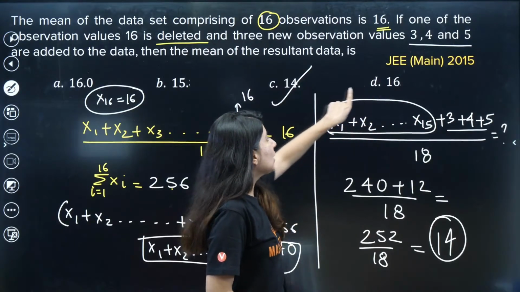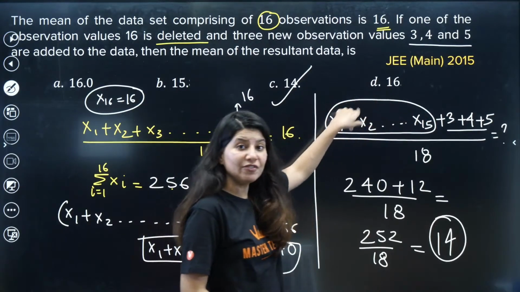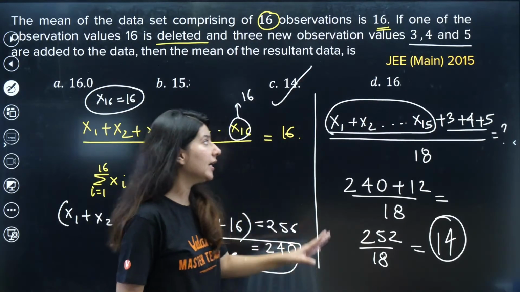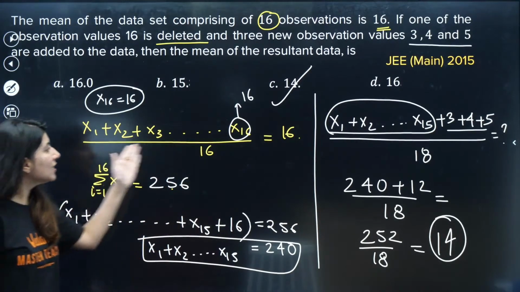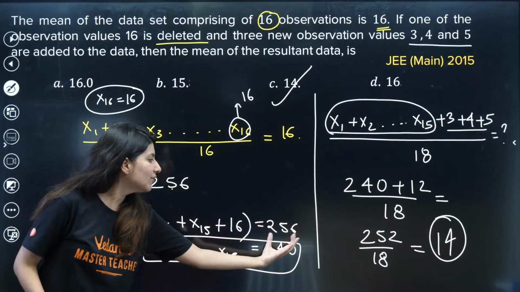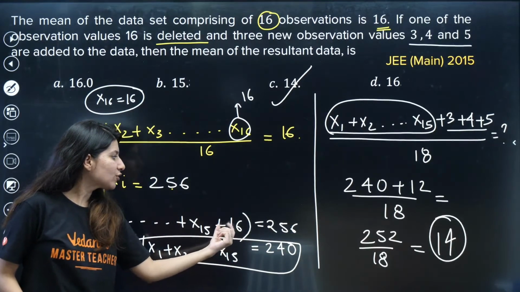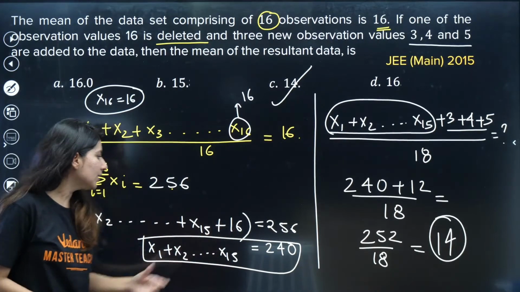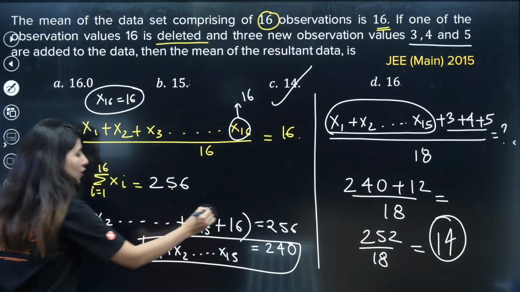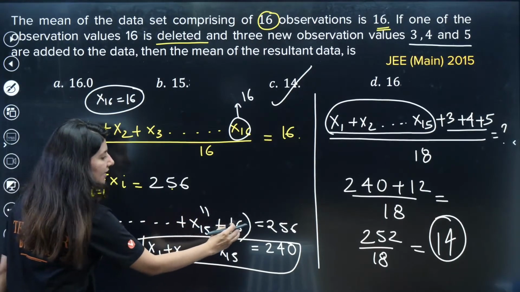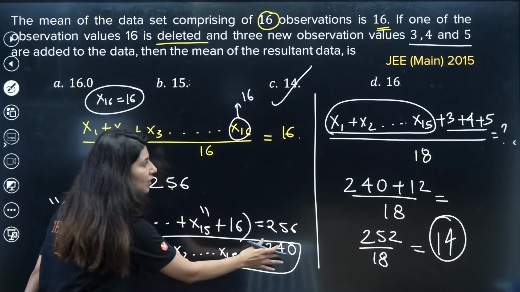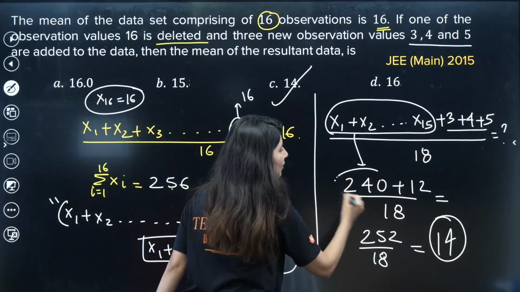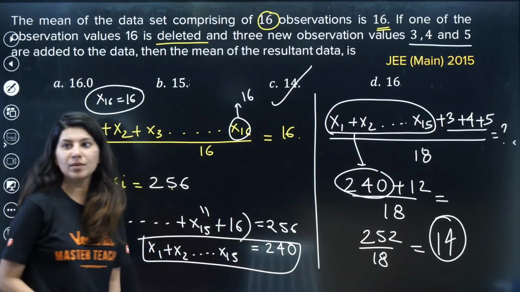So I need to calculate the sum of the first 15 observations. What do I have? I have the sum of all 16 observations, which is 256. x16 is 16, so the sum of the first 15 observations is 240. Paste this value 240 over here and 14 would be the correct answer.